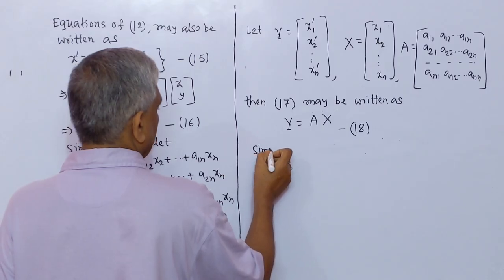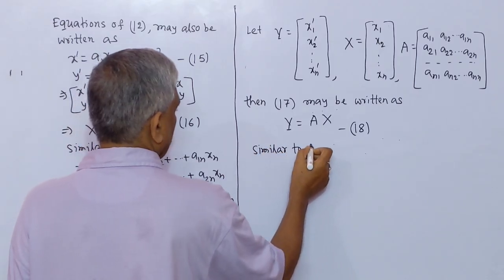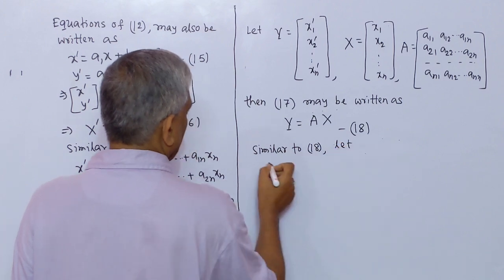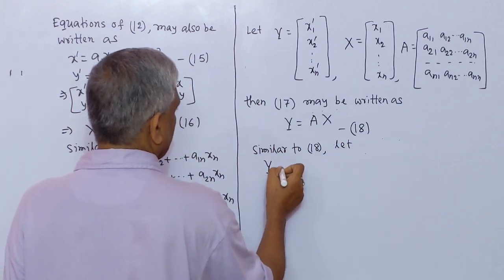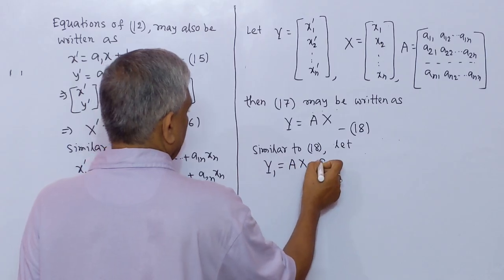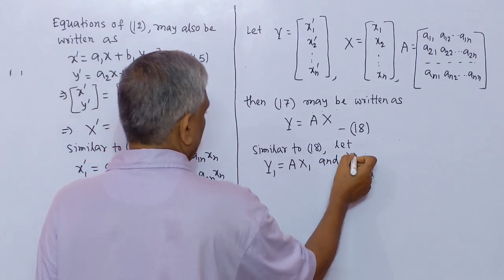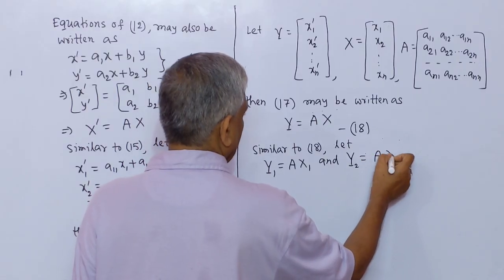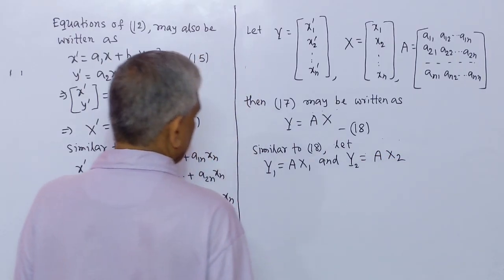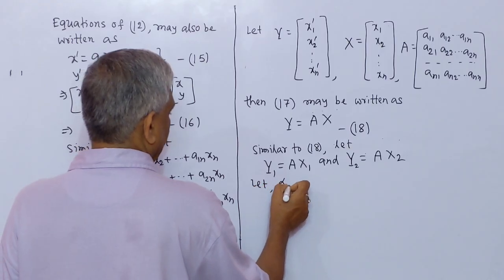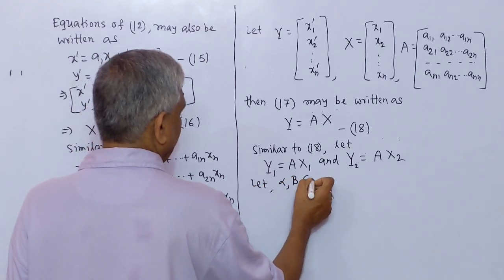Similar to 18, let y1 equal to Ax1 and y2 equal to Ax2. Let alpha, beta belong to the field.